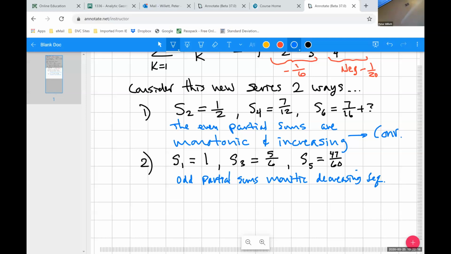And the odd partial sums also are bounded above by a 1 and below by a 1/2, and they are monotonically decreasing if you consider them separately. So they must also converge. Since these are part of the same sequence, just separated into the odd ones versus the even ones, they're both converging, and the values that you're adding each time are getting smaller and smaller. Therefore, the alternating harmonic series converges to some number.